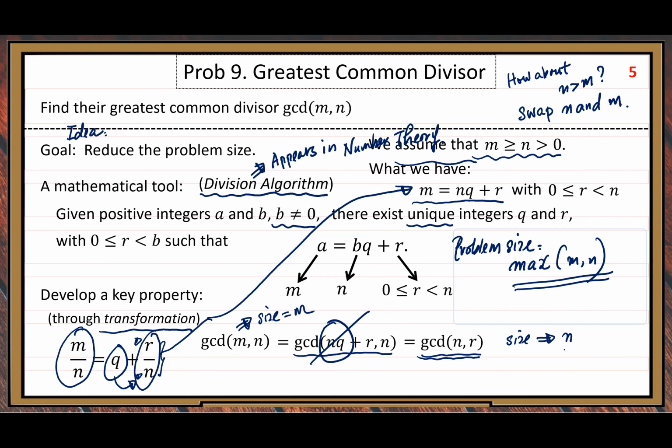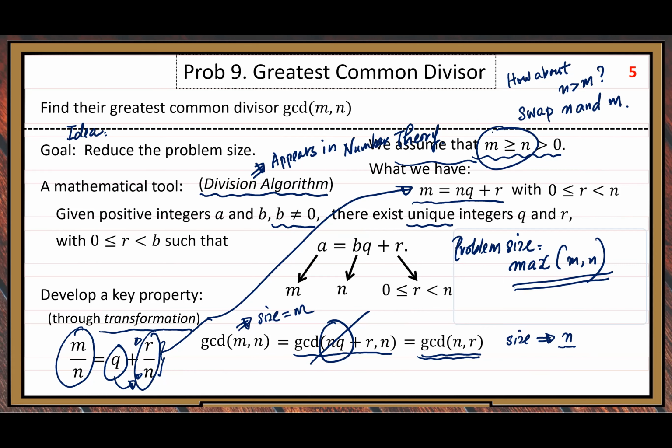After reduction, the size is n. And we assume m is greater or equal to n. Although there is an m equal to n case, that won't happen frequently. Most of the time, m is greater than n.